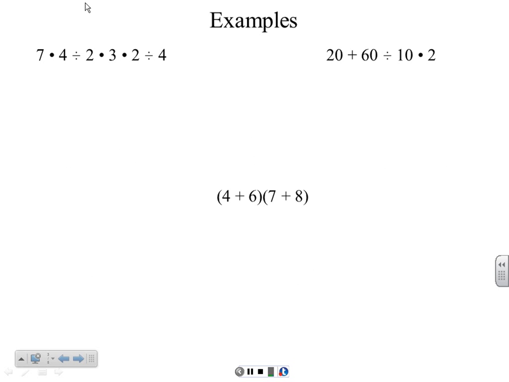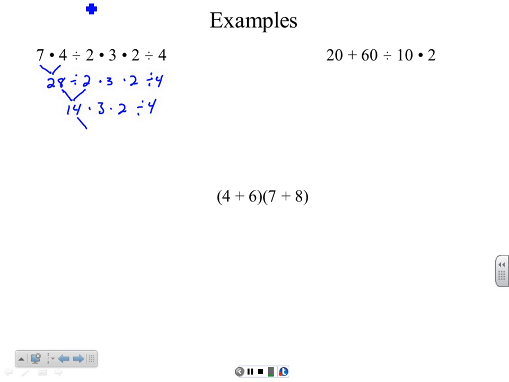So for example, we're going to do 4 times 7 first and get 28. And then I'm just going to rewrite everything that I have. Then we're going to continue going from left to right. So now we have 28 divided by 2, which is going to be 14.